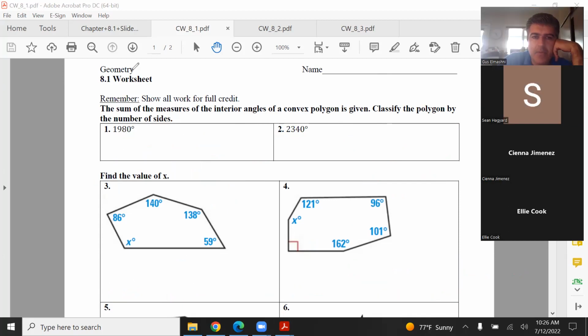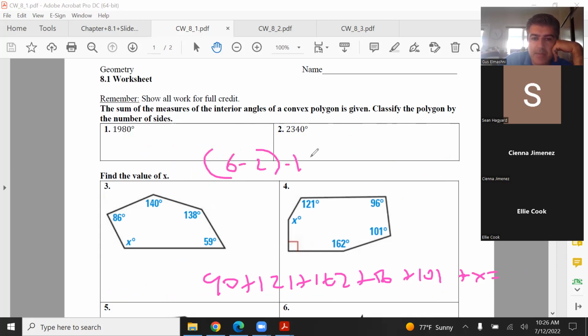So for number 4, you should have just added all that up. 90 plus 121 plus 162 plus 96 plus 101 plus x equals 6 minus 2 times 180, which I know is 720 if you were to work that out. So you got to work all that out, right?